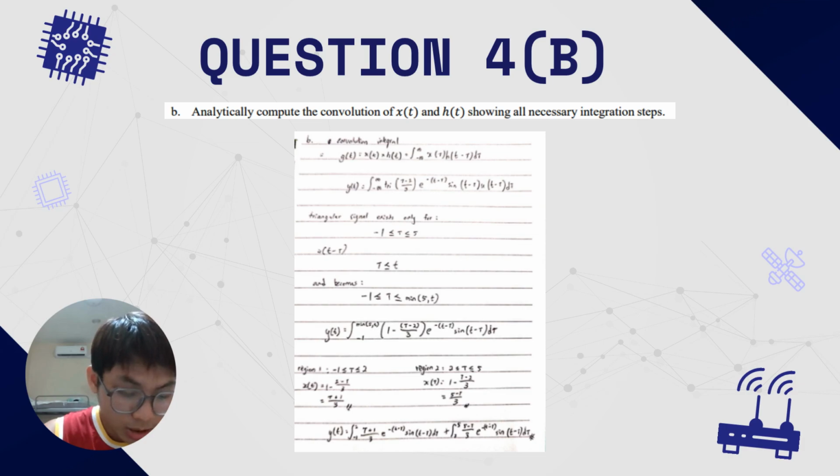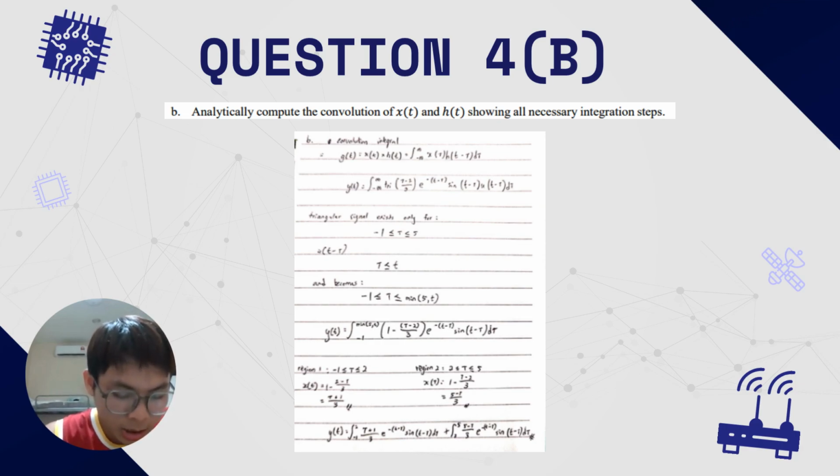And the u times t minus t, and it becomes t lower than or same t, and it will become negative 1 lower than or same t lower than or same 5 minus t.